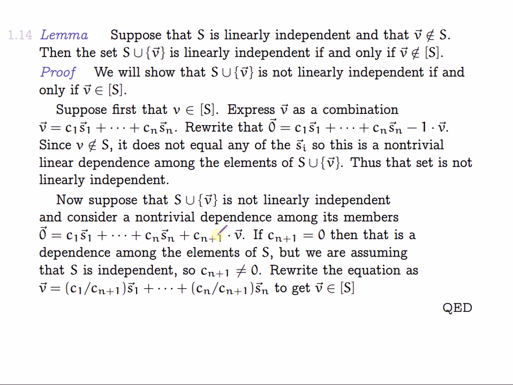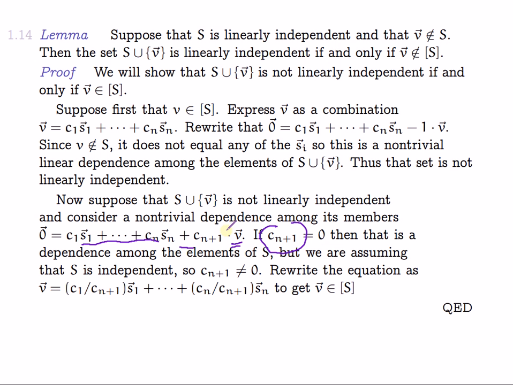Suppose that S union V is not linearly independent. That means there must be some kind of relationship among the vectors in S union V. Now, in fact, in this linear relationship, c_{n+1}, which is the coefficient of V, cannot possibly be 0.